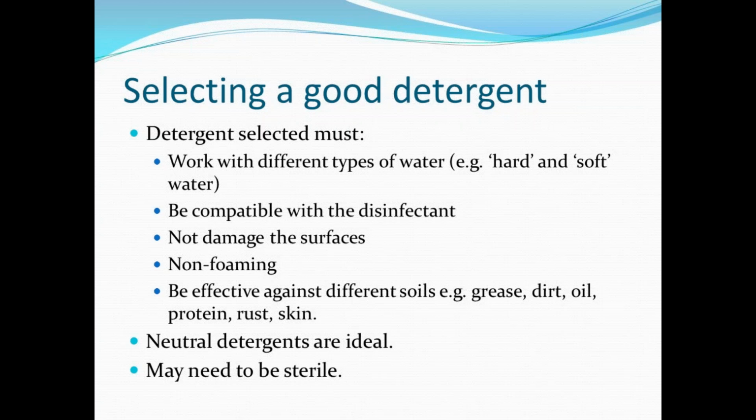It should be non-foaming, and it should be effective against a whole range of different soiling materials. So you want the detergent to be good against grease, dirt, oil, protein, rust and skin and so on. And if it's used in aseptic areas, then there must be a means to render that detergent sterile without the loss of any of its chemical properties.